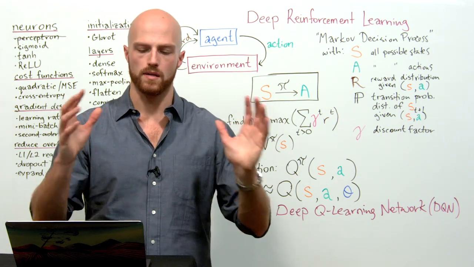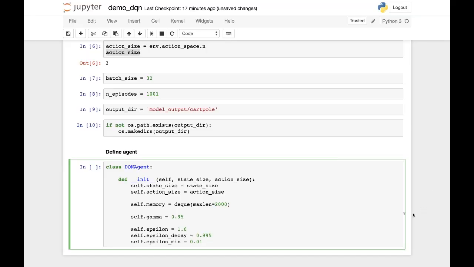That's the very minimum. So we start exploring 100%. We use the decay to shift that exploration towards exploitation over time until eventually we reach this minimum amount of exploration, which we've set to 1%.